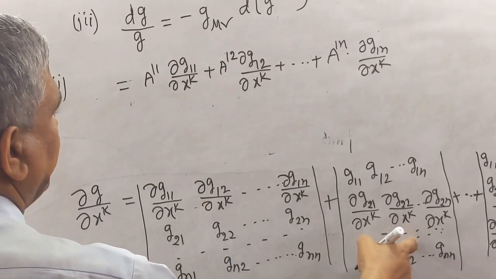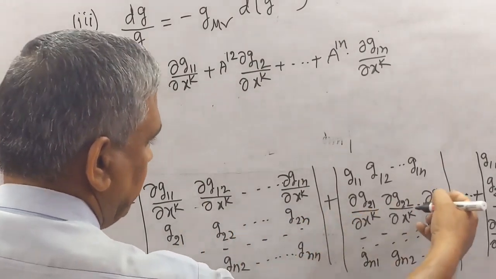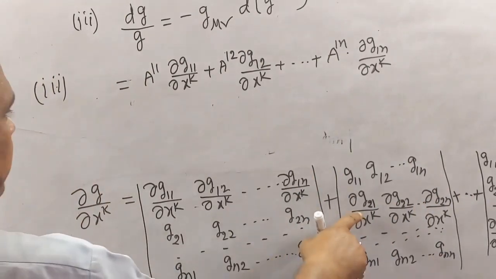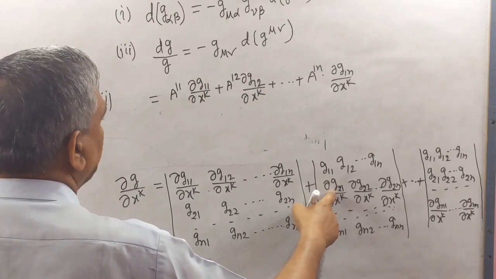Now taking the determinant of this, we take the second row and its cofactors. Let the cofactor of this element be A21.